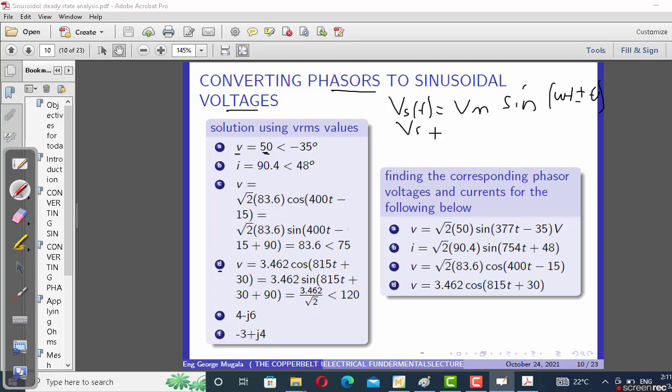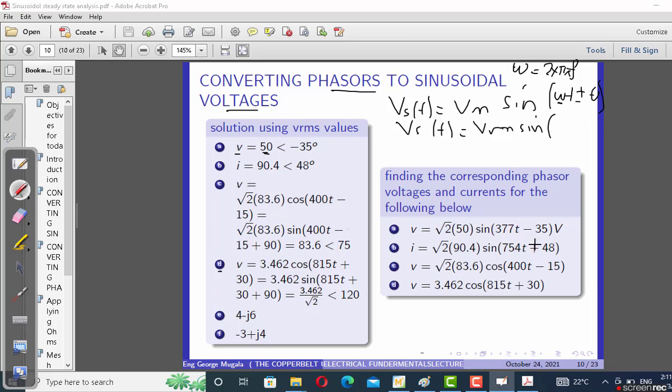Now, if you look at this omega, omega is 2 times pi times f. So depending on the frequency that we are talking about, if the frequency is 60 Hz, then we can multiply 2 times 3.14 times 50. That gives us the equivalent of the omega here.